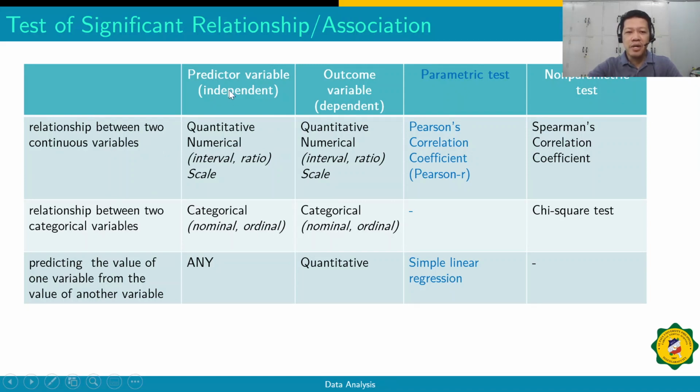If your independent variable or the predictor variable is quantitative, meaning numerical, or interval, ratio, or scale, and the other variable, the dependent variable, is also numerical, you may use parametric tests, which is the Pearson R. But if you are relating two categorical variables, one variable is nominal or ordinal, and the other one is also nominal or ordinal, you may use the chi-square test.